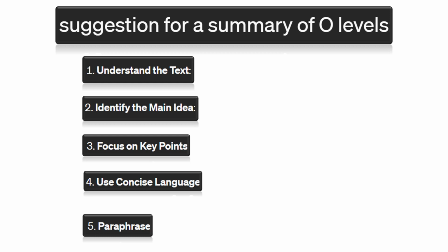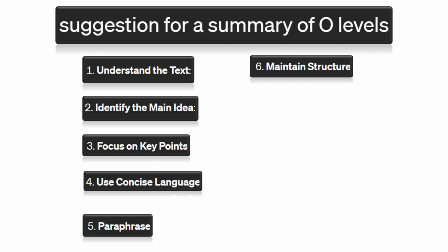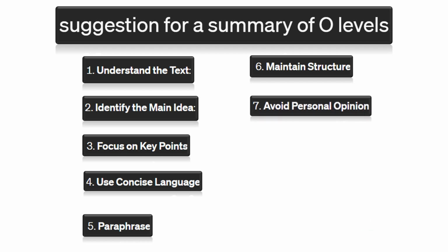Here we can use some good vocabulary according to the passage, and we can avoid copying things from the passage. Then we have to maintain the structure. Whatever the structure of the text is, there may be a chronological order that has to be followed, or if you are doing it in your own way, then have a structure in the text.